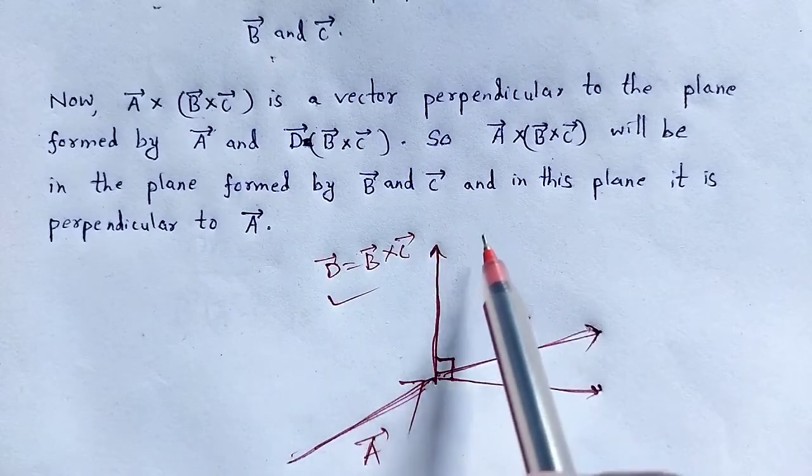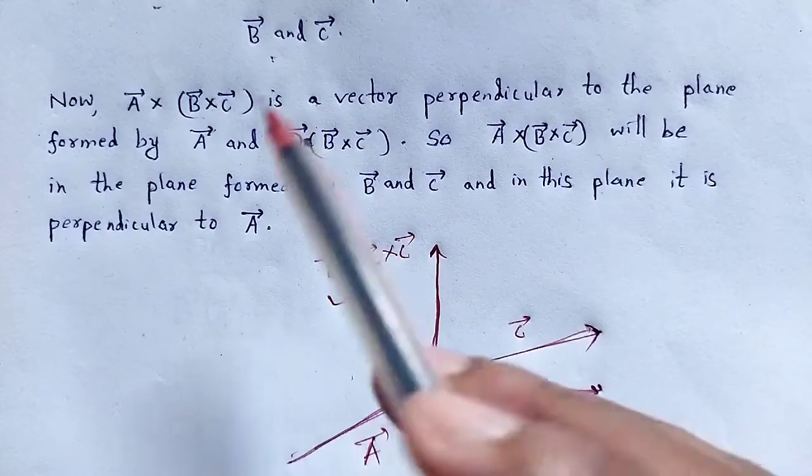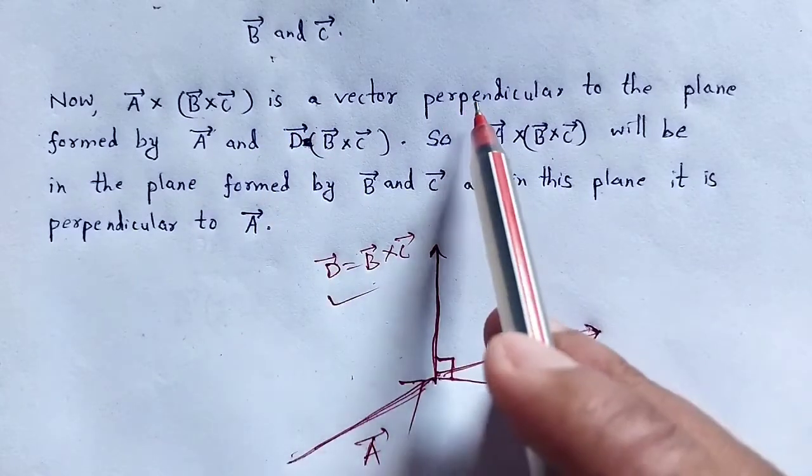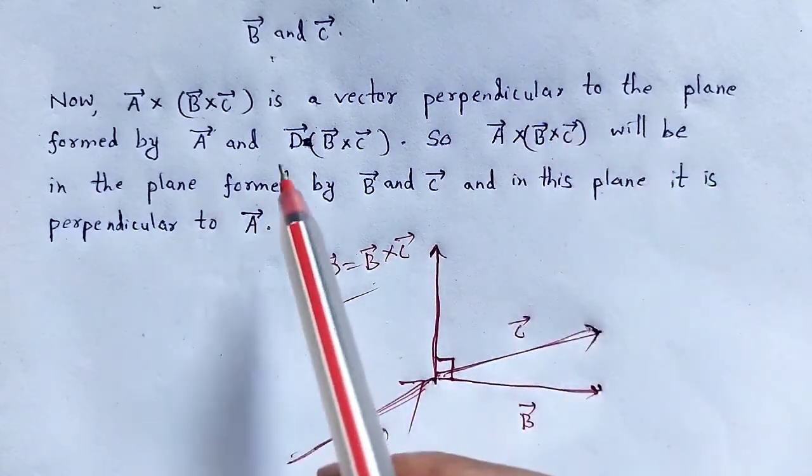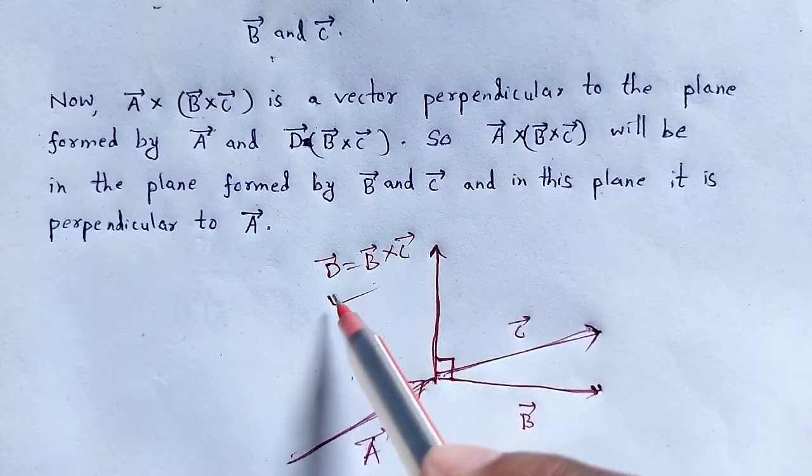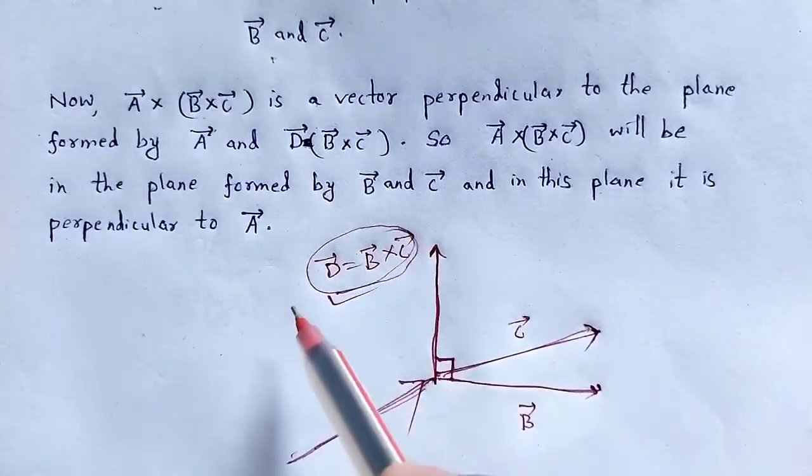Since it is a vector triple product, the result is a vector which is perpendicular to the plane formed by A vector and D vector.